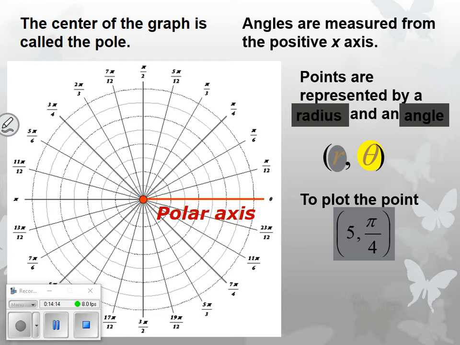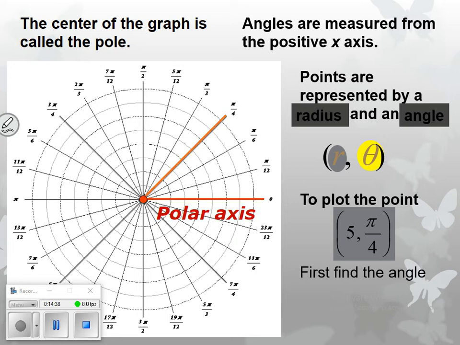You can either do what this says, and you can go out. It says first you're going to find the angle. So you can go out pi over 4 radians, okay? And basically what you do is you identify the ray or the vector that your point is going to be on, okay? So that pi over 4 tells me it's going to be on that solid orange line, okay?